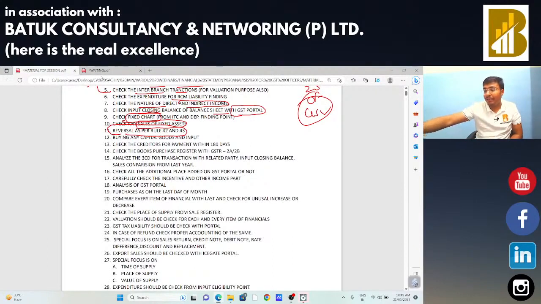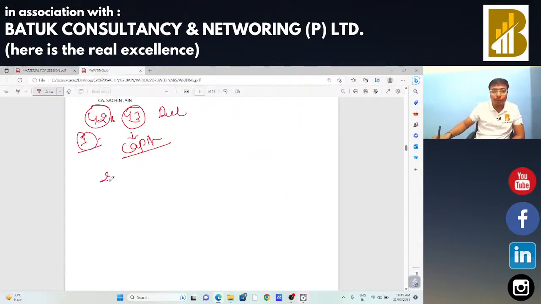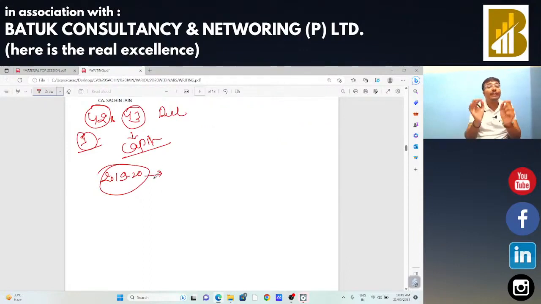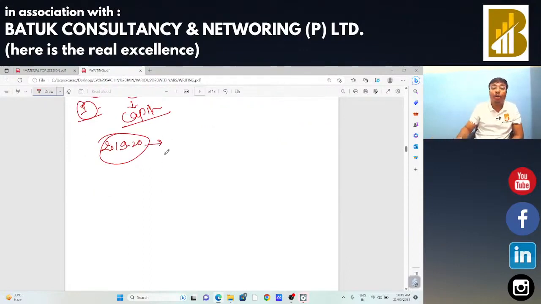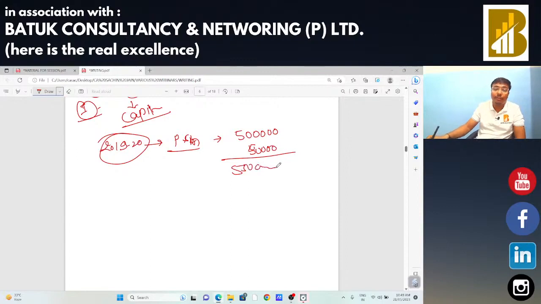Suppose the taxpayer bought capital goods in that particular financial year. Suppose you are going to do the audit for financial year 2019-20, and in that financial year the taxpayer bought plant and machinery for 5 lakh rupees, and GST on that plant and machinery is 50,000 rupees, total 5 lakh 50,000 rupees.